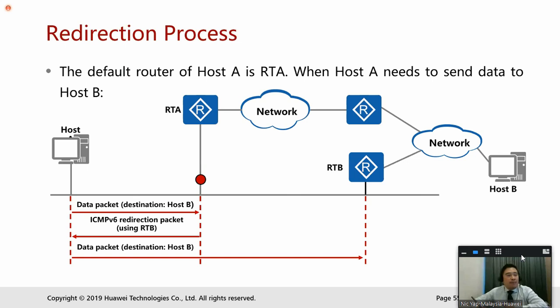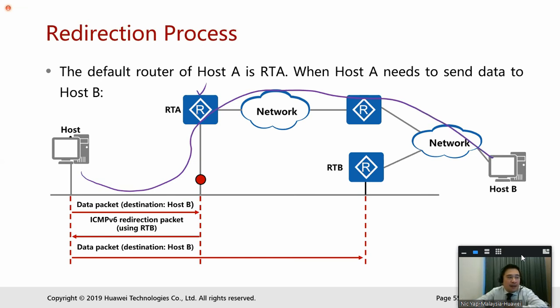And this is one example here. The default router of host A is router A. This is the default gateway. When host A needs to send data to host B, how does it send? So when host A wants to send to host B, which path is it using? Because RTA is my gateway, by right I should go this way and then this way. Because you are my gateway.